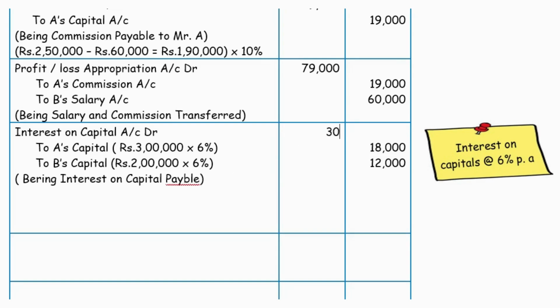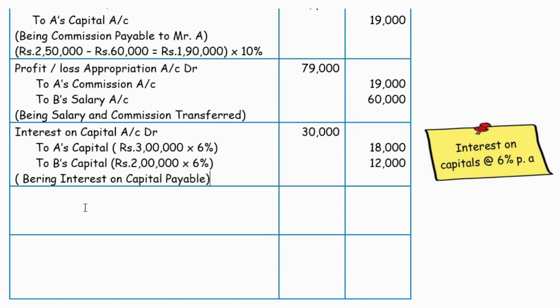So these are the incomes for the partners, being interest on capital payable to partners, and totally for the firm it is a commitment to the extent of 30,000. It is the money payable by the firm, and this money would be transferred through the profit or loss appropriation account.